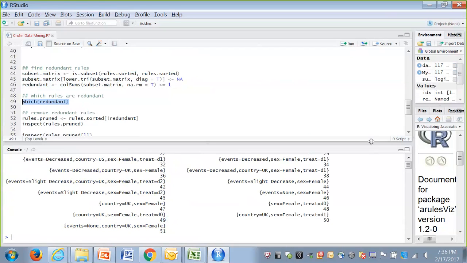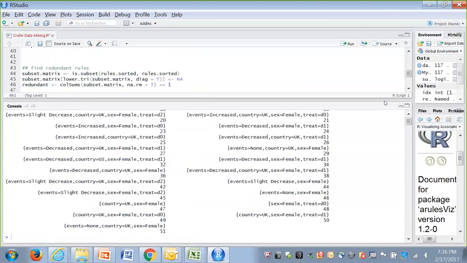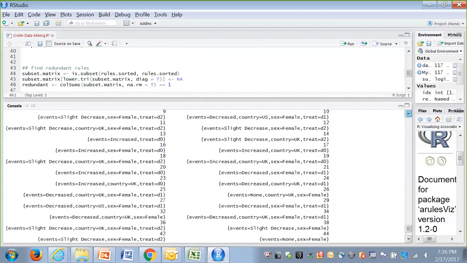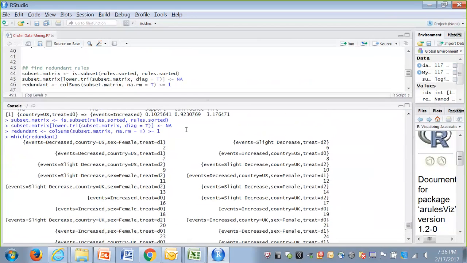You'll see, based on a particular matrix here, we had 51 rules. Based on those 51, I can say these are all the redundant rules, because they're just subsets of other rules, and from a graphing perspective, they have not much value.